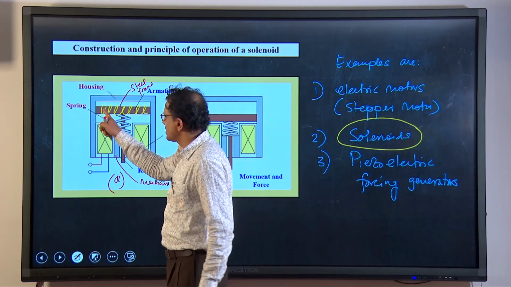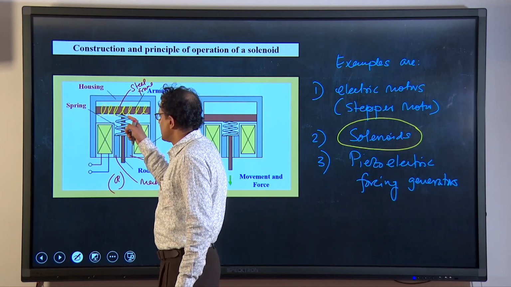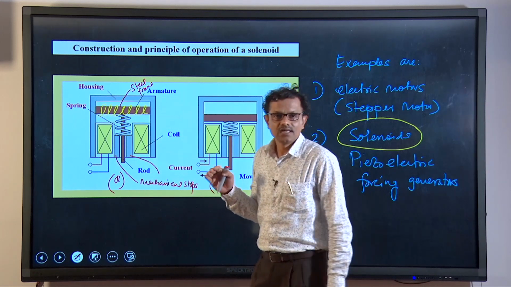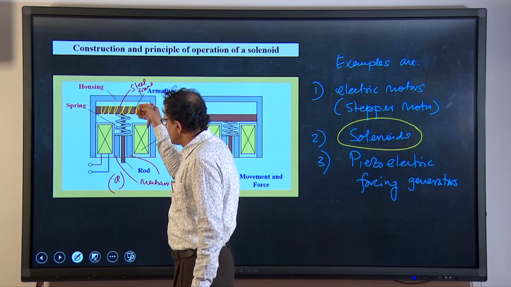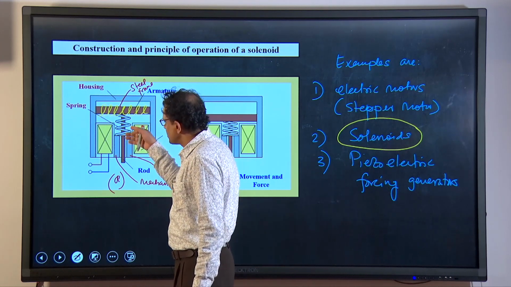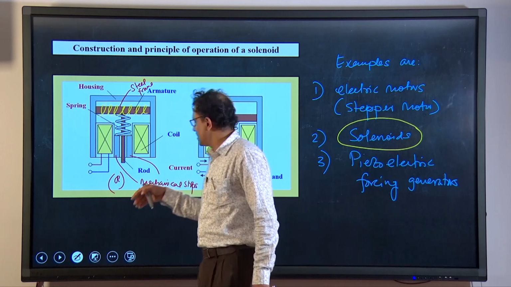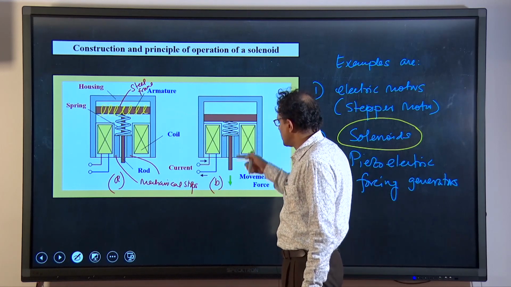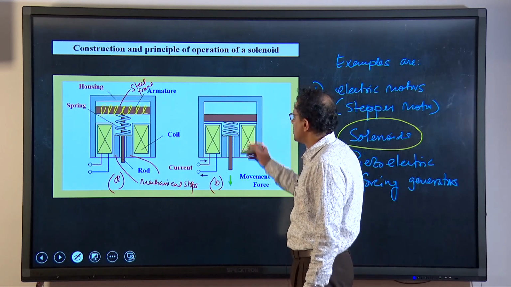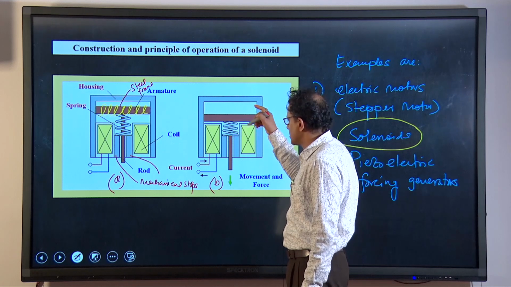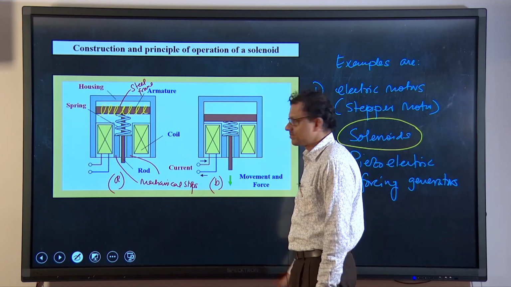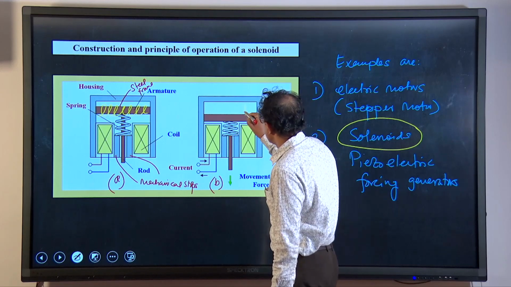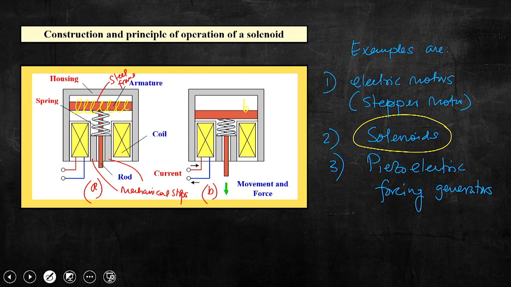When we pass electric current through this wire, electrical force will be generated. That force will compress the spring, causing the rod or this entire element to come down. So, this is creating a downward movement.